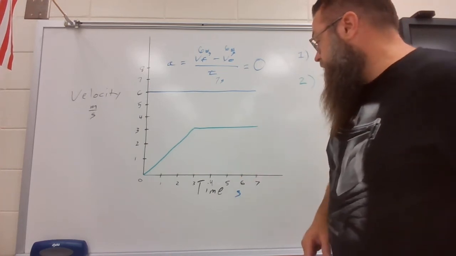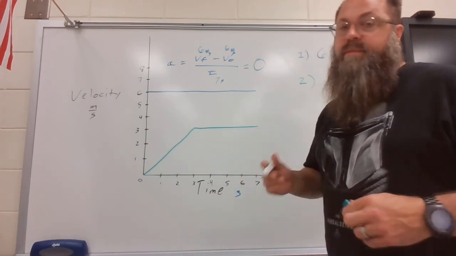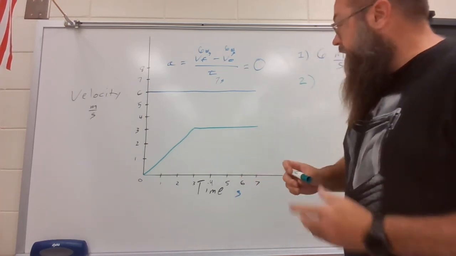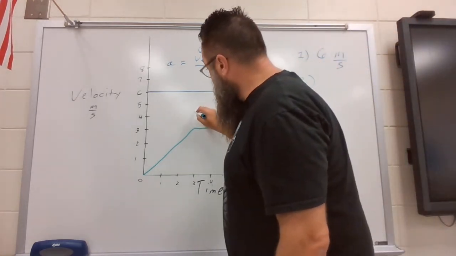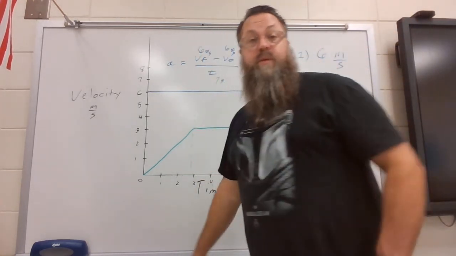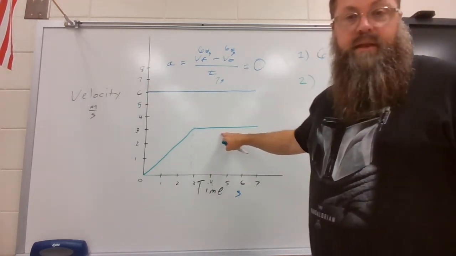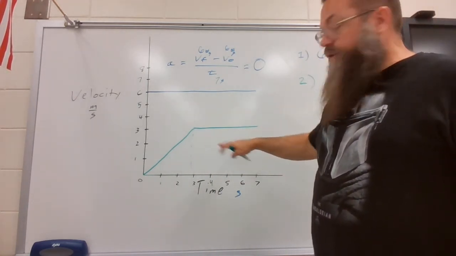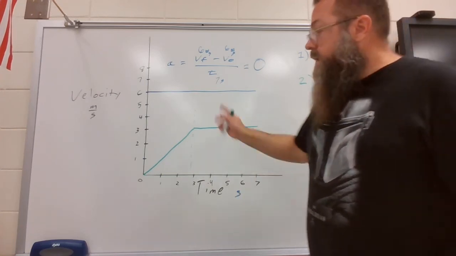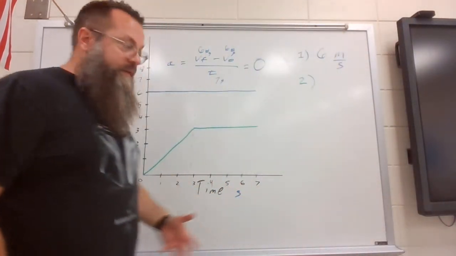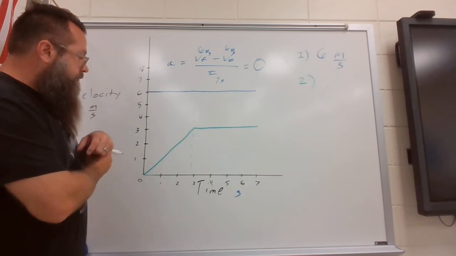Now object 2. Let's tell you what, let's focus on the first part first, okay? So we're just gonna concentrate on the first 3 seconds first, because I'm pretty sure we can already calculate the acceleration after 3 seconds. Let's focus on the more interesting part of this graph.